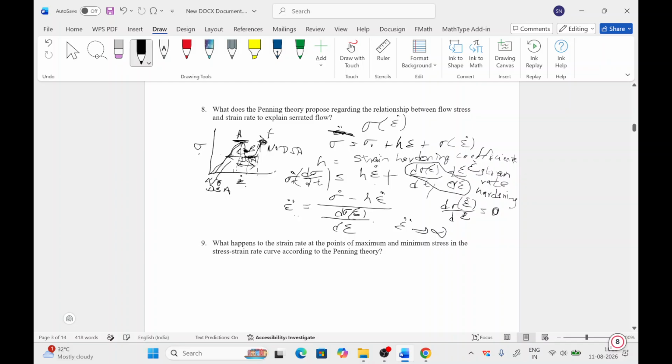At this stress it reaches, but the flow stress for the required strain rate is at this point. So the stress again increases up to a point, and this process continues again and again, and that leads to the formation of serrations like this.